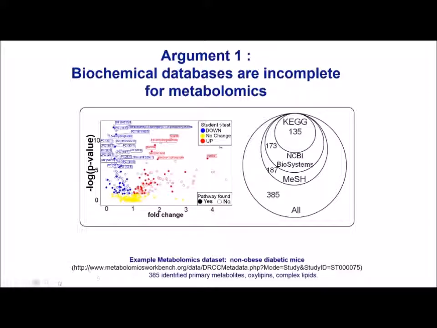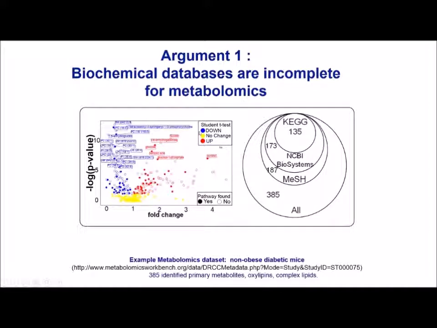The study was downloaded from Metabolomics Workbench database, with this ID, it has 385 primary metabolites, oxylipins, and complex lipids. On the left side we show a volcano plot of significantly altered compounds found in the study.